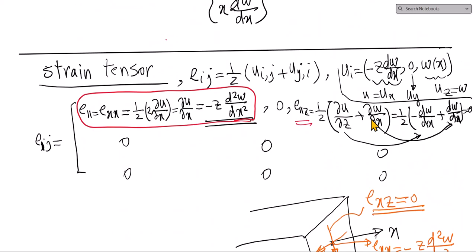And more importantly, probably, is that all the shears are 0.